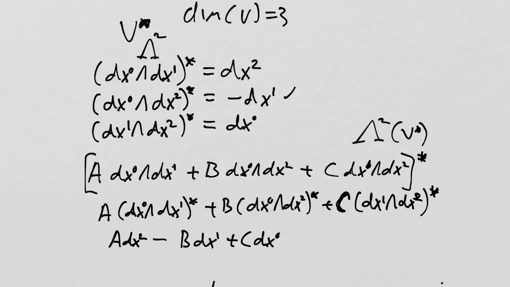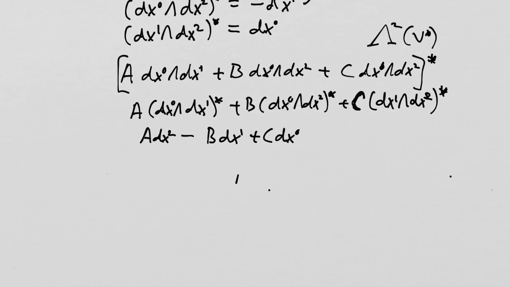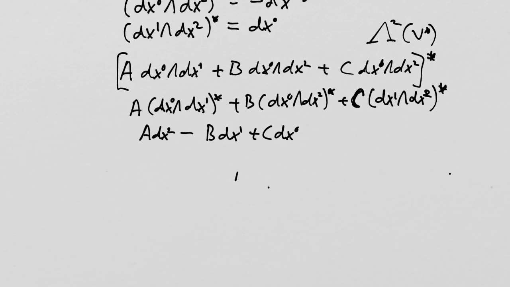And all of this gives us a pretty good opportunity to make contact with another thing that we all know so well from elementary physics. We know from elementary physics that the cross product E1 cross E2, you use your right hand rule and you cross X into Y and you get Z, and that equals E3.